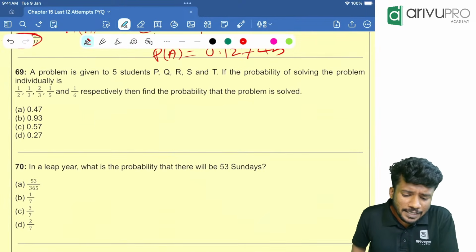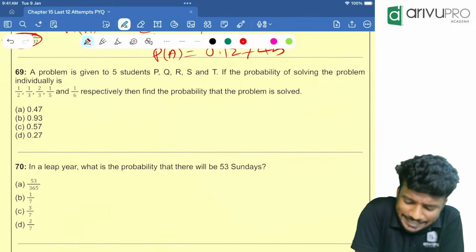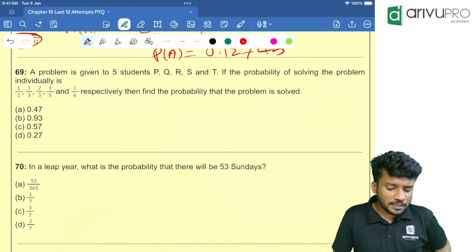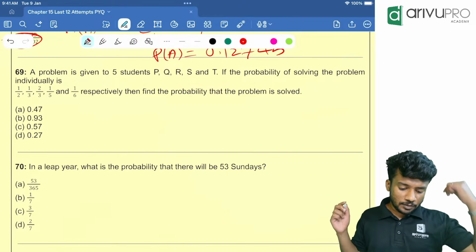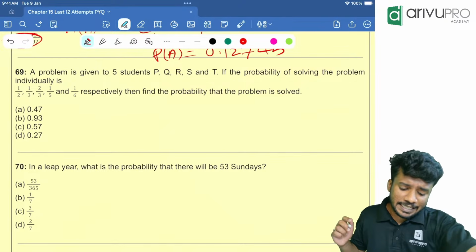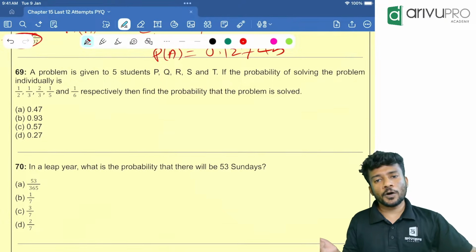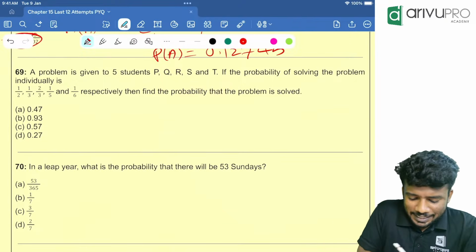A problem is given to 5 students P, Q, R, S, T. If the probability of solving the problem individually is 1 by 2, 1 by 3, 2 by 3, 1 by 5 and 1 by 6 respectively, then find the probability that the problem is solved, is the question. People, what is the easiest way to solve?